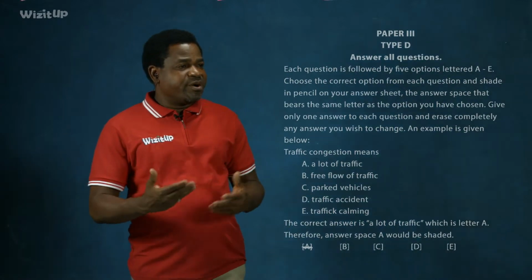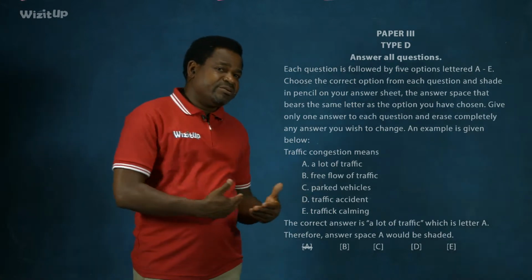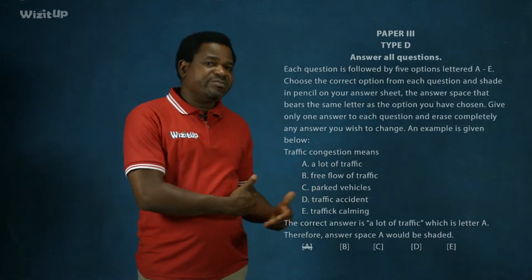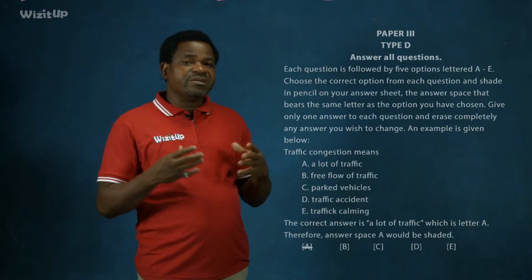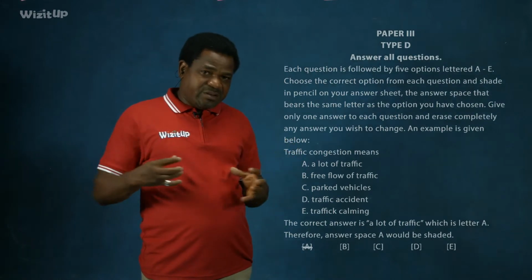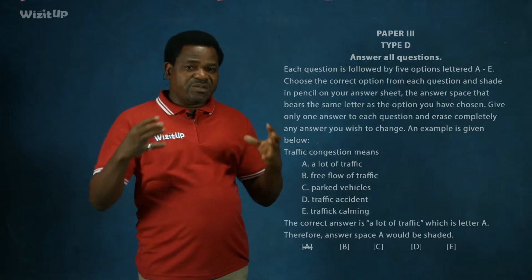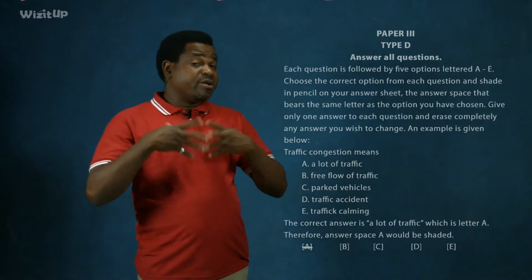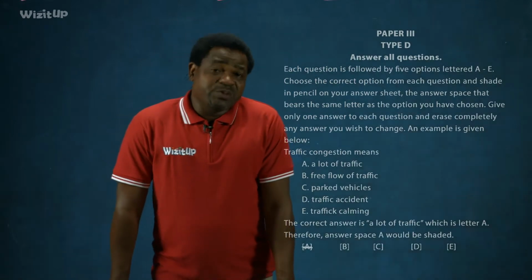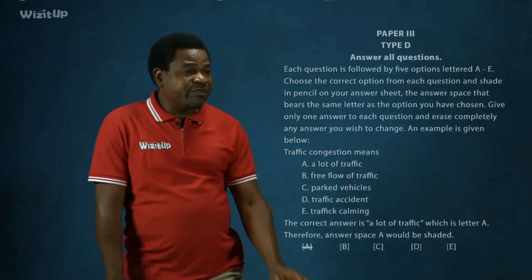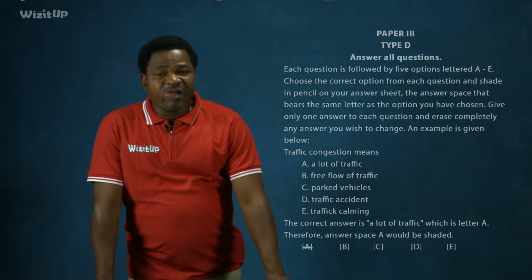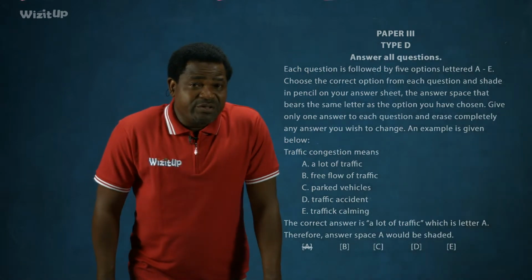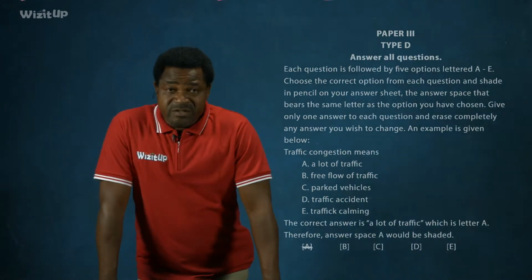So when we talk about traffic congestion, to congest something or to have a congestion around something means having a lot within a particular space. So when you're talking about traffic congestion, you simply refer to a lot of traffic. And in this case, it could be vehicular traffic, it could be human traffic, it could be any other traffic.